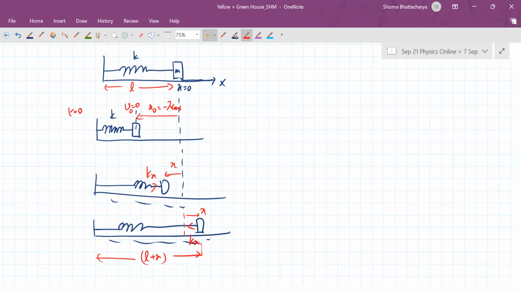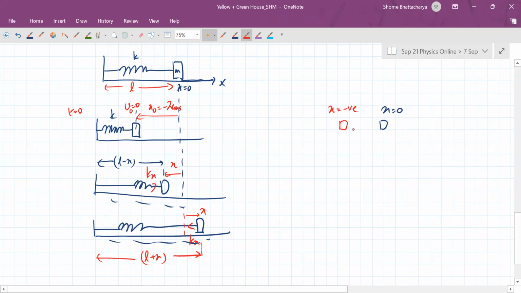So on both sides of equilibrium, we can see that. If this is my x equal to 0 position, whenever I'm over here at x equal to some negative value, the spring force will be pushing it like this, giving it an acceleration. So for a negative displacement, it will have a positive acceleration.